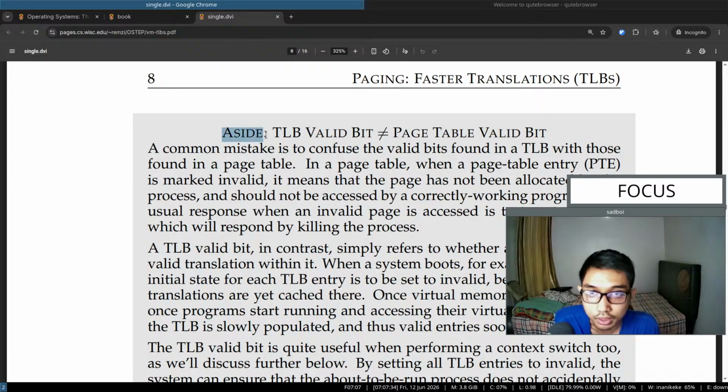And now I'm reading this aside. The translation lookaside buffer valid bit is not equal to the page table valid bit. Okay.